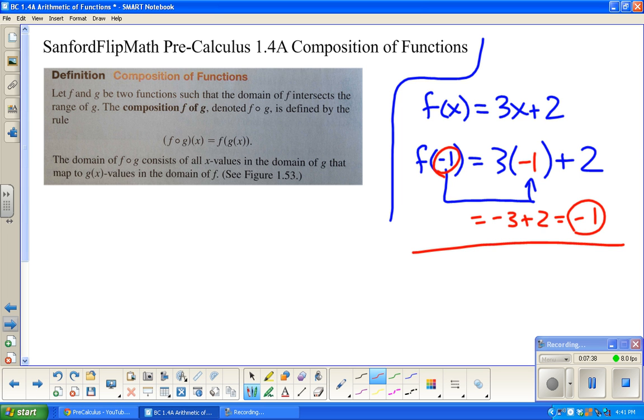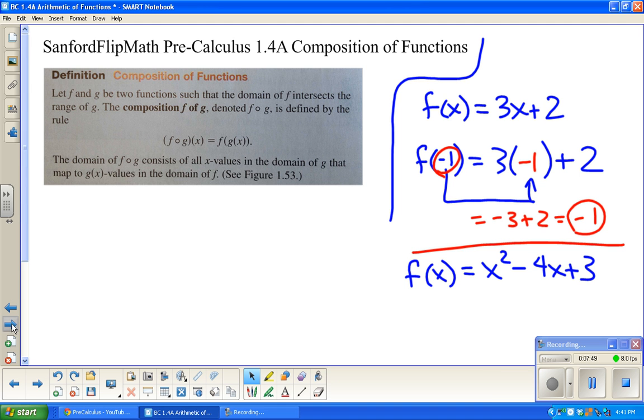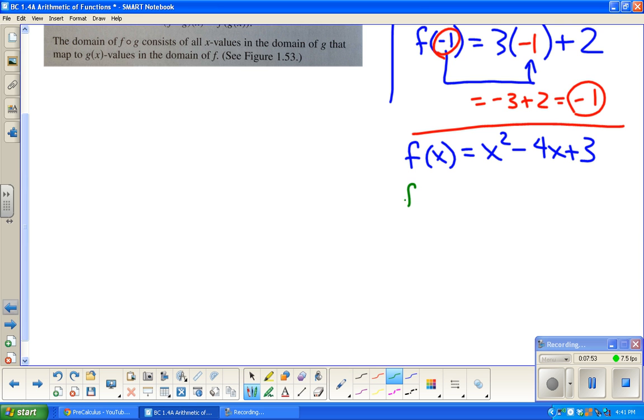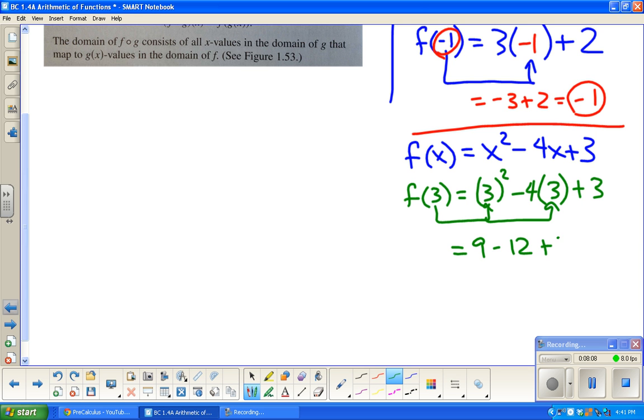Okay. If f of x is x squared minus 4x plus 3, just as another quick example, and let's say I wanted to do f of 3. Everywhere I see an x, I'm putting in this 3. So this is 9 minus 12 plus 3.